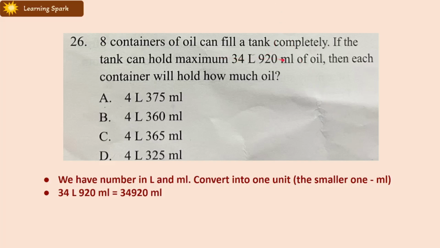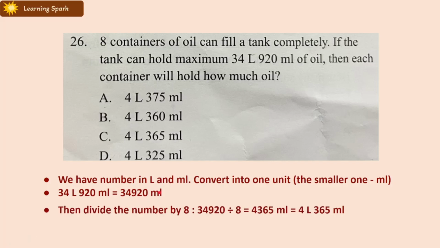So let's convert everything into ml and then divide by 8. 34 liter 920 ml equals 34920 ml. Now let's divide this number by 8, which is 4365. Let's put it back into liter and milliliter, which is 4 liter and 365 milliliter. Okay, and this is the answer C.